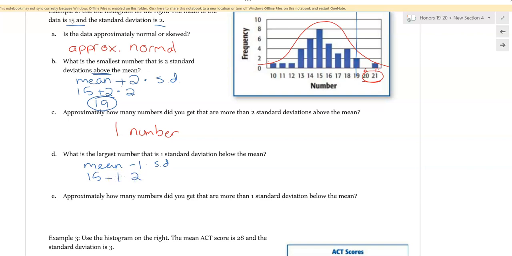Well, 1 times 2 is 2, and 15 minus 2 is 13. There's my cutoff point. So approximately how many numbers did you get that are more than 1 standard deviation below the mean? Now I'm going just these numbers. There's 1 here, 1 here, 1 here. 1 plus 1 plus 1 is 3 numbers.